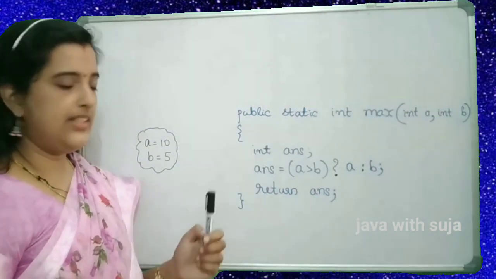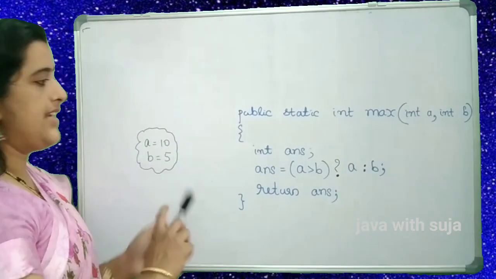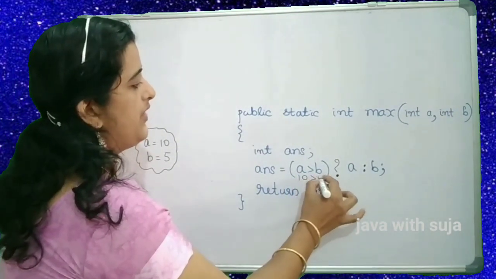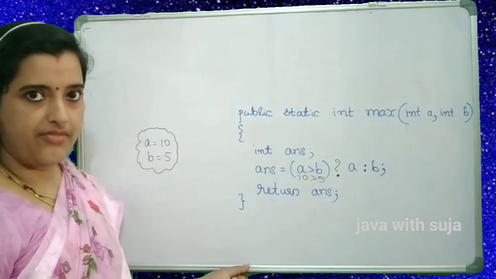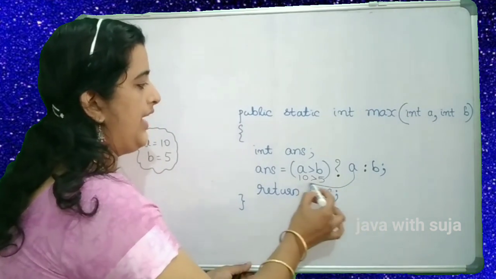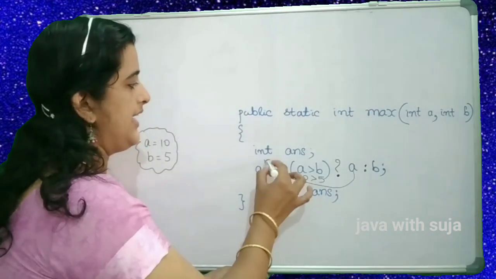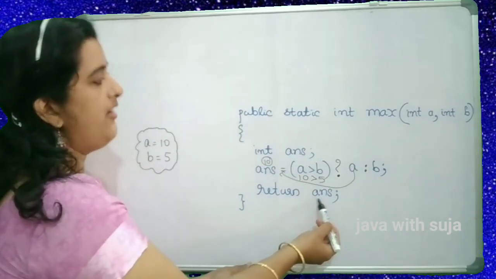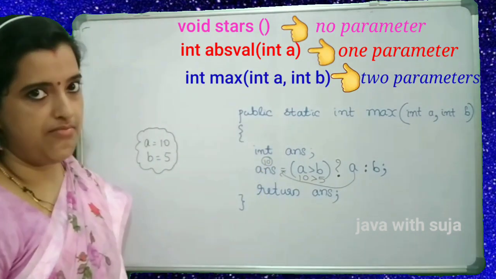So let us see the working. Value of a is 10 and value of b is 5. So the compiler will check whether 10 is greater than 5 or not. Obviously the condition is true, and the value of a, which is 10, will be assigned to the variable ans. So that value 10 will be returned by this method.